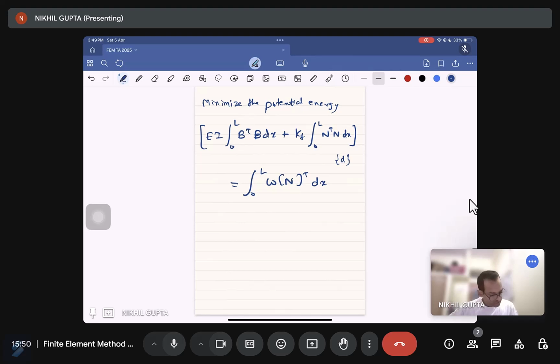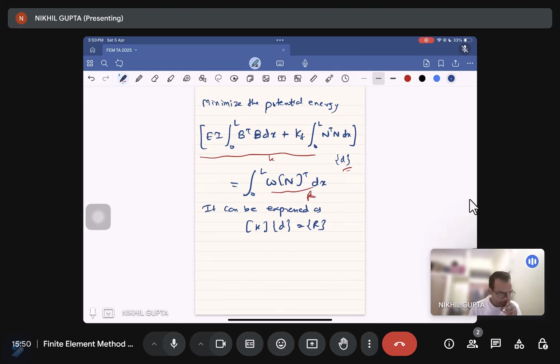Okay, so it can be expressed as K D equals R. You can see this is K, this is D and this is R.